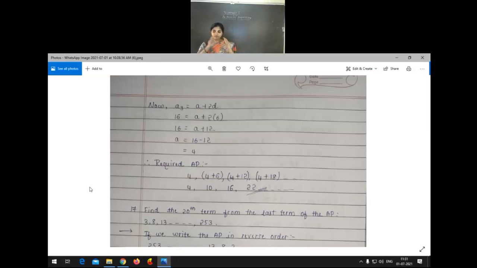Then I took the first data, that the third term of the AP is 16, and in that I substituted the difference. Then I got A and D together. Then write the general form A plus D, A plus 2D. Just substitute A and D in their respective places, then you will get the AP as 4, 10, 16, and so on up to An. Got the idea of this problem now?